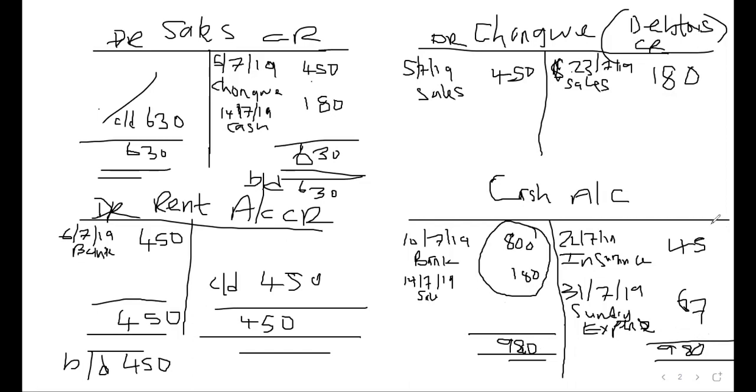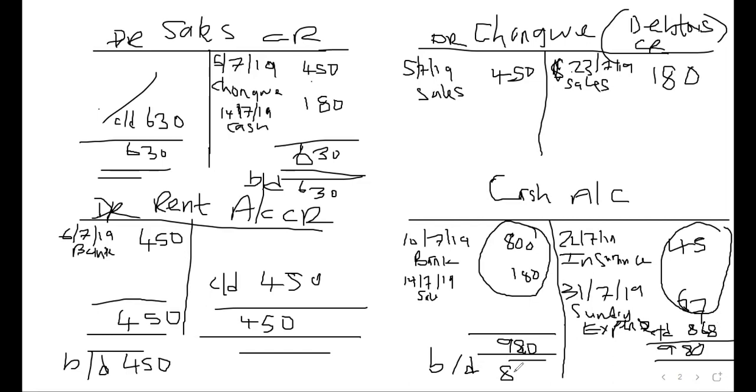When you add these two, we subtract this one from 980. So minus 45, minus 67. So it's 868. So carried down here is 868. So brought down will be 868.